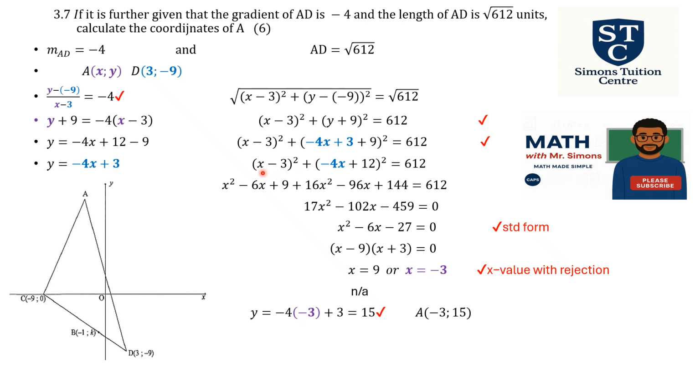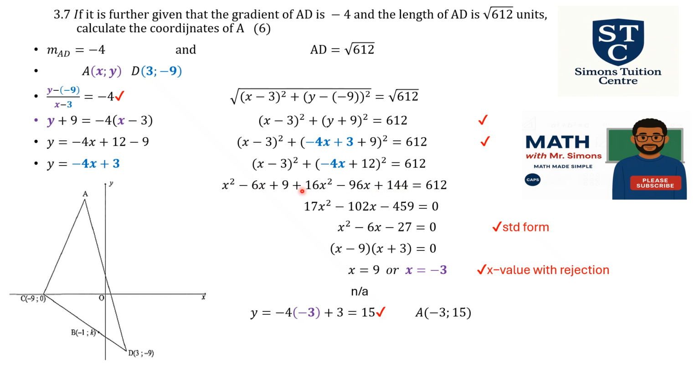What I mean is x times x, x squared. x times -3 gives me -3x, times 2 gives me -6x. -3 times -3 gives me positive 9. -4x times -4x gives me positive 16x squared. -4x times 12 gives me -48x, and multiplying by 2 gives me -96x, therefore my middle term. 12 times 12 gives me 144.